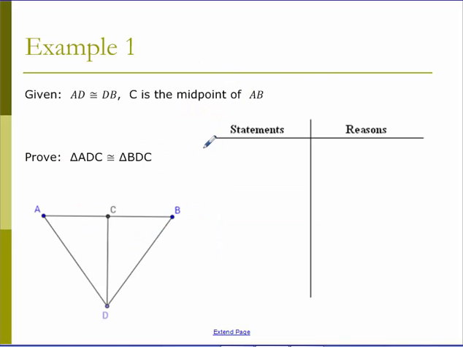So let's go ahead and start with this first one. Take a minute, draw the picture, label your given, and label it on the picture also. So C is a midpoint, and AD is congruent to DB, and that's our given.